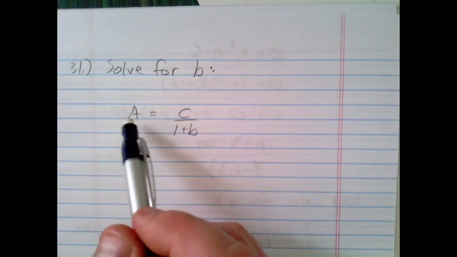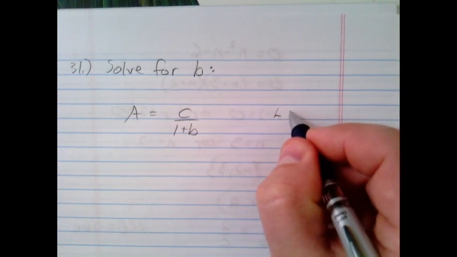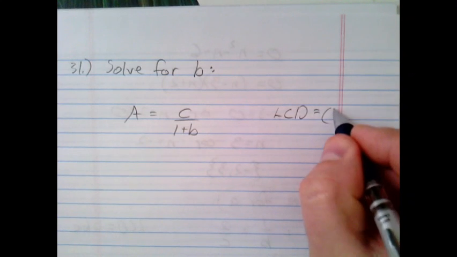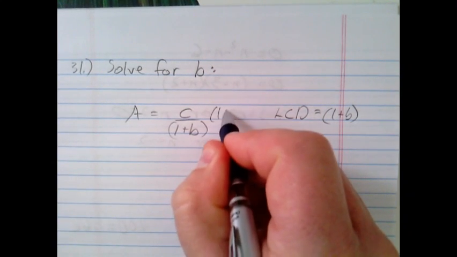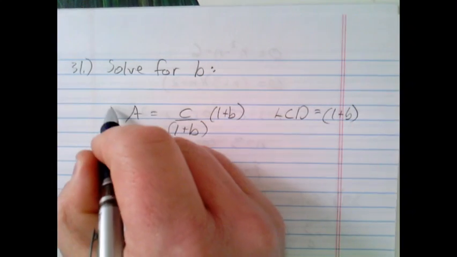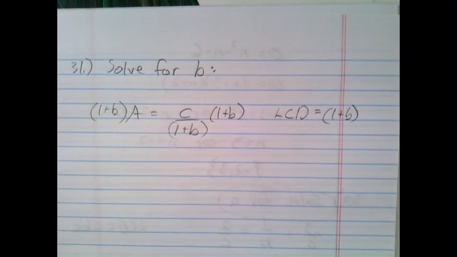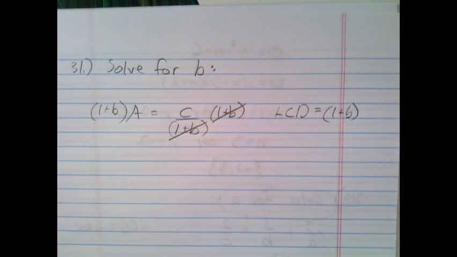It's currently solved for A, but we want to rewrite it so that it's solved for little b. Now, there's only one denominator, and that makes it easy to identify our lowest common denominator. It's 1 plus b. So we're going to begin by multiplying both sides by 1 plus b. In essence, in order to solve for b, we've got to get it out of the denominator. And the whole thing will be simpler if we don't have any denominators at all.